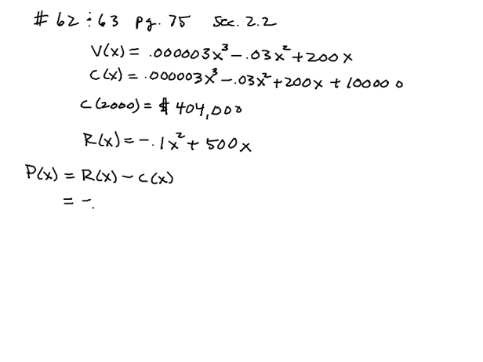So negative 0.1x squared plus 500x subtract. Now be careful here with the grouping symbols. You're subtracting the total cost function, the entire function. So I've got to make sure that I subtract each one of these terms.